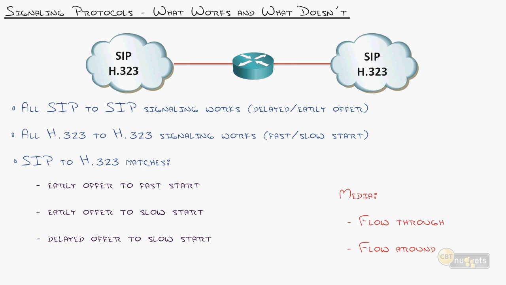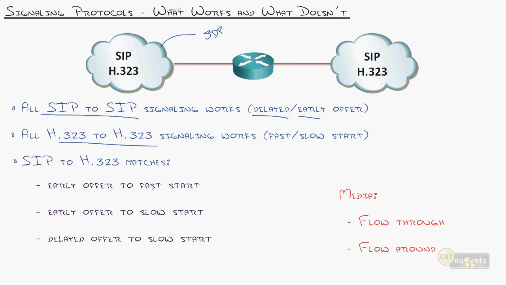Okay, so let's look at the signaling, as in what works and what doesn't. First off, when you're using Cube, all SIP to SIP and all H323 signaling works. You don't even have to think about it. We talked about this when we broke down the protocols. Delayed start with SIP is where it doesn't get into the SDP, the session description packet, until after this person has answered the phone.